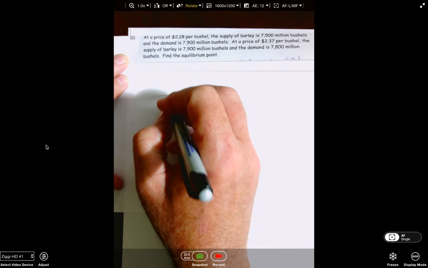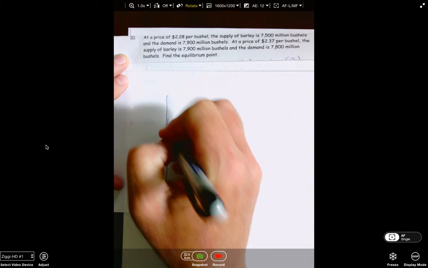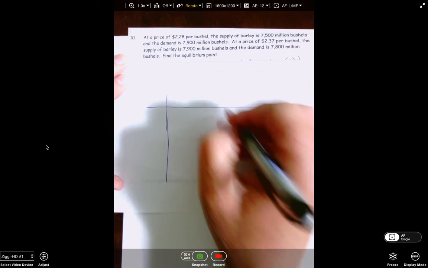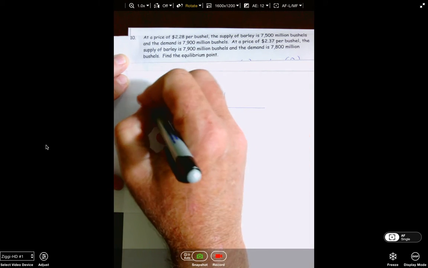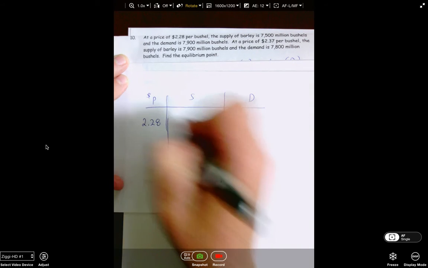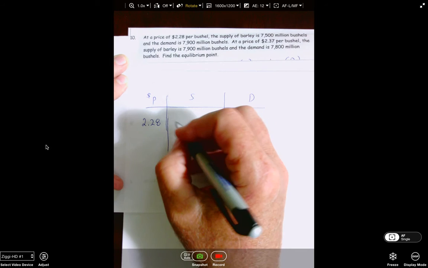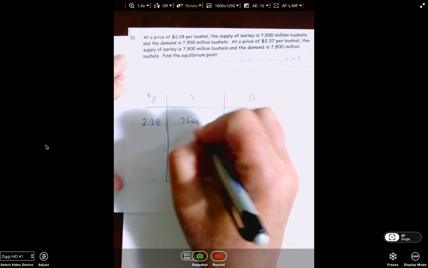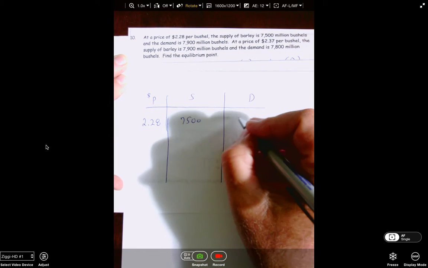So I think these problems are easier if you organize your work. And you can see here that we have a price, and then we have a supply and a demand. And we can see that when the price is $2.28, we have a supply of 7,500, and we can see that the demand is 7,900.